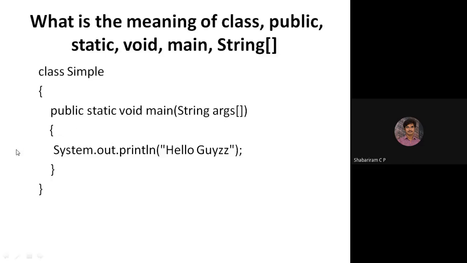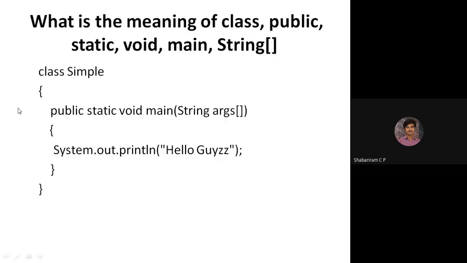Inside the main function, the argument of the main function is String args. Here String is a class. Inside the main function, I have the statement called System.out.println. Within this, I have my printable statement. So I have given Hello guys as a printable statement.